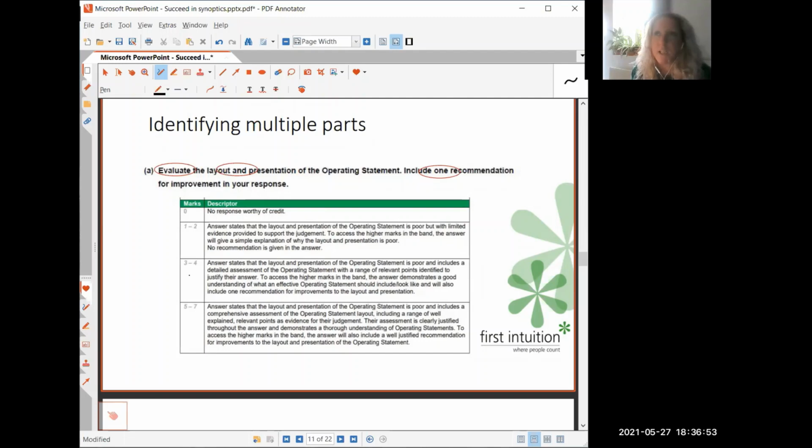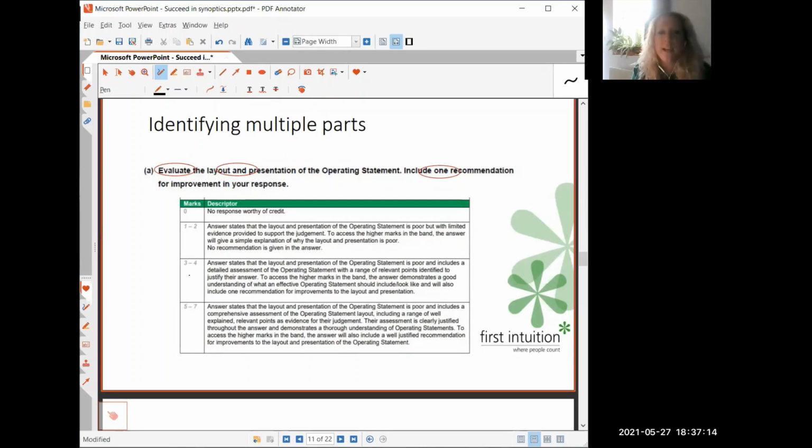Evaluate is asking you to really look at the size, scope and impact of whatever's been given to you. So evaluate, is it good or is it bad? How good is it? How bad is it? Is it just a little bit good or is it a big bit good? So that's what evaluate is really looking at.